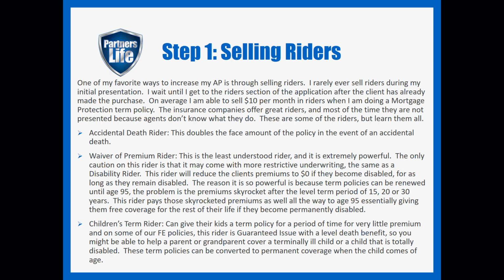And so having a guaranteed issue children's term rider or children's whole life rider built into some of these plans, like Eagle Premier, that's a good example. Americo's Eagle Premier. If they do a children's rider, they don't have to answer any health questions whatsoever on that child's policy.